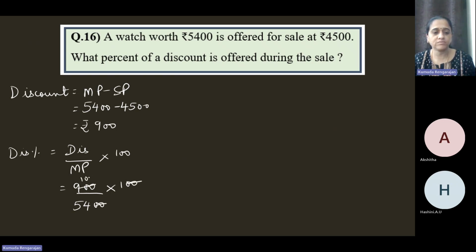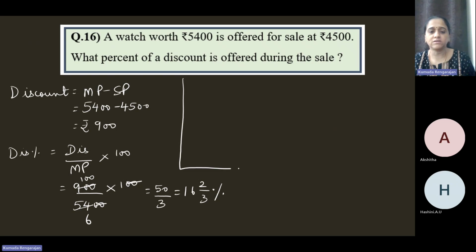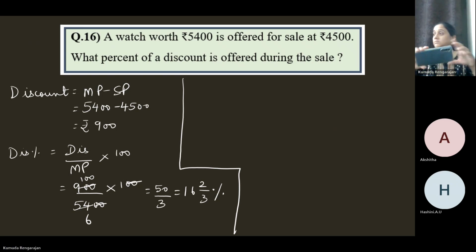It'll be 100 times 9, 6 nines are 54. It's 100 by 6 or 50 by 3. 16 2 by 3 percentage. Don't write it as a decimal, write it as a mixed fraction. That's the answer. 16 2 by 3. Got it? Yeah, that's fine. It's not wrong. Mixed fraction is sufficient.